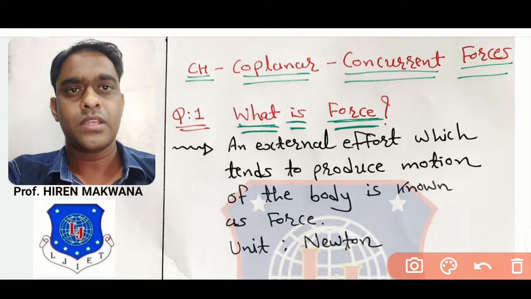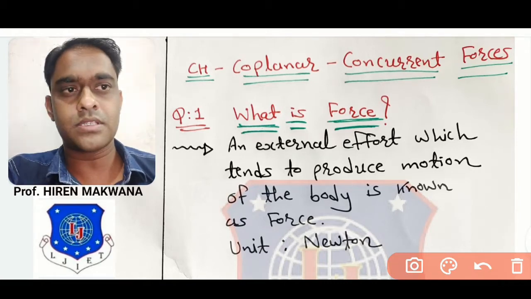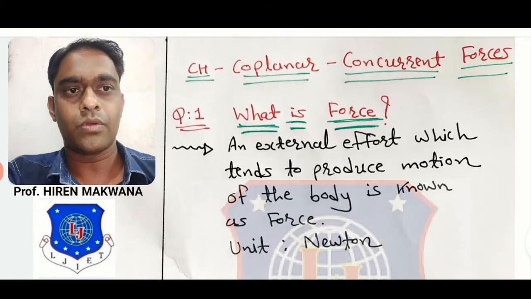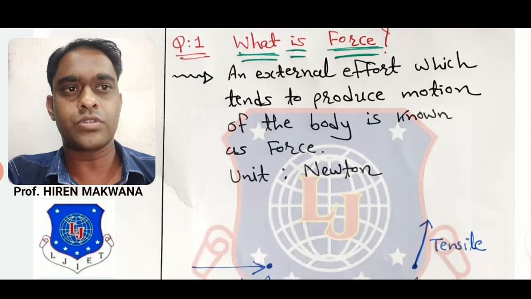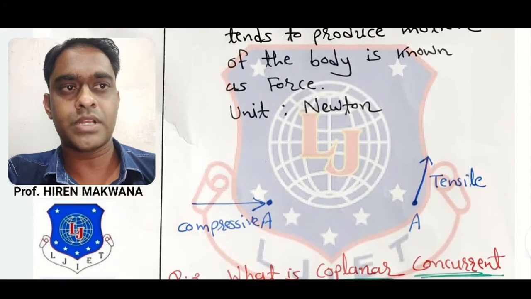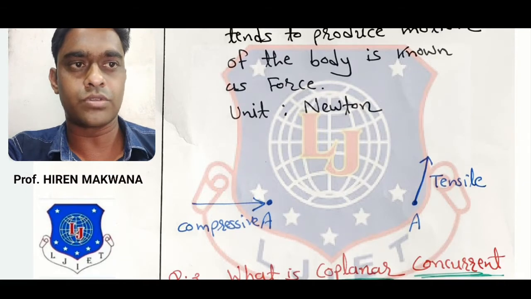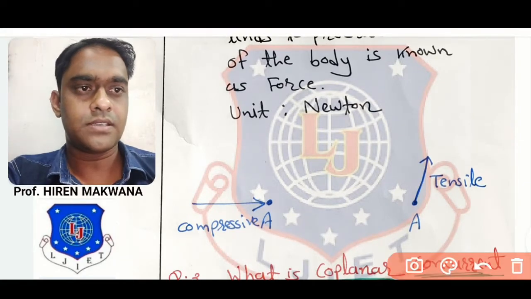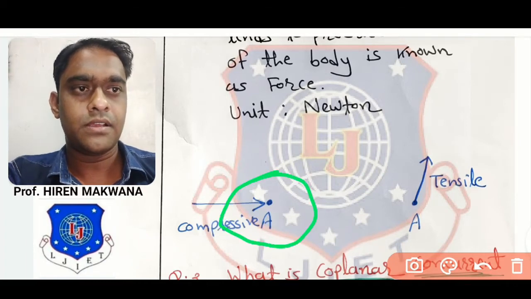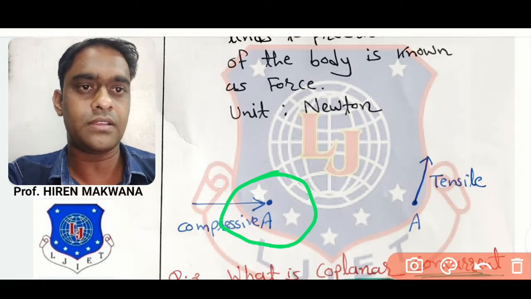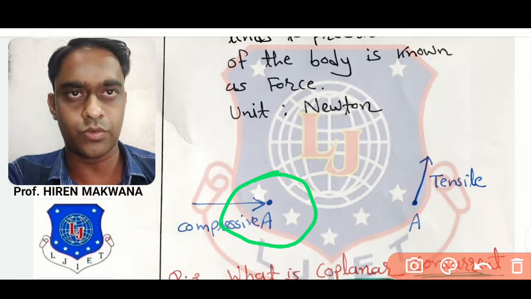Let us go ahead. You know the unit of the force is Newton. Now, there are two types of forces you can visualize: compressive force and tensile force. You can see here at point A, compressive force means force from behind the point is acting on point A. This force is known as compressive force.